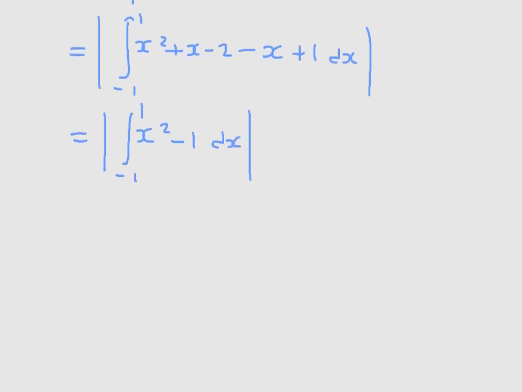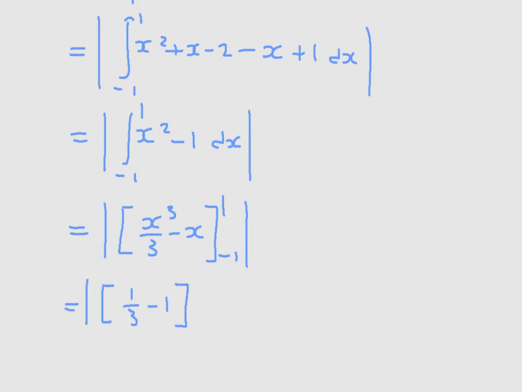This leads us to the absolute value of x cubed over 3 minus x from negative 1 to 1. Finally, or nearly finally, this will lead us to 1 cubed over 3 minus 1, minus negative 1 cubed over 3 minus negative 1.